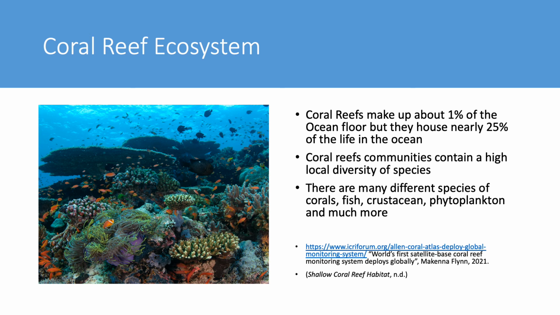And due to this, it's kind of known as the rainforest of the ocean, just because of the amount of species and how diverse the ecosystem actually is. You can find many different species of corals, fish, crustaceans, phytoplanktons, all sorts of stuff just in the coral reef ecosystem.